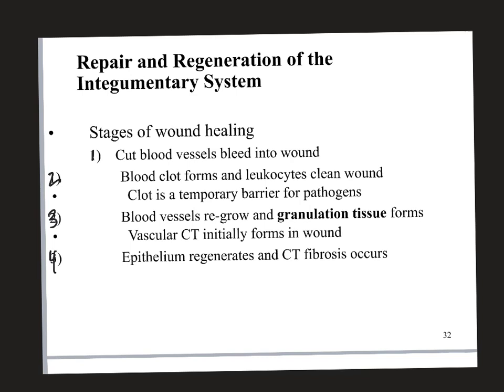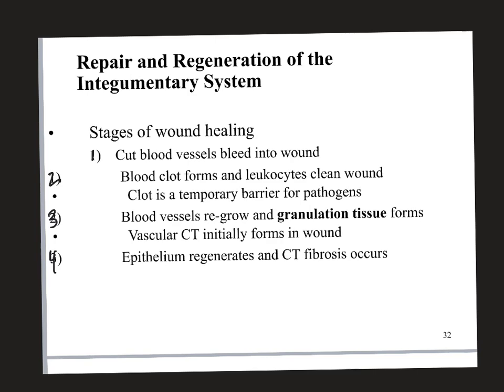Now, the clot that forms will stimulate the beginning of tissue regeneration, right? So you'll have blood vessels start to regrow. We have to regrow those blood vessels and reconnect them so that we have normal blood flow to the right area. So vessels regrow, and it forms a vascular connective tissue initially in the wound, and then finally the epithelium regenerates over it, and if necessary, connective tissue scarring occurs.